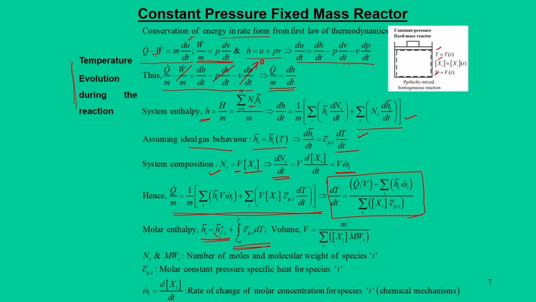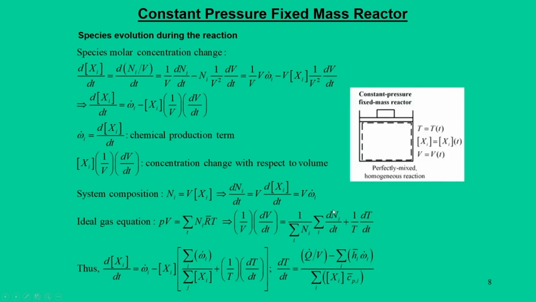By putting this, we are in a position to find an equation in which we can write how the temperature of the reaction changes with respect to time. In a similar analogy, we can also derive another expression for how species evolution takes place during the reactions.